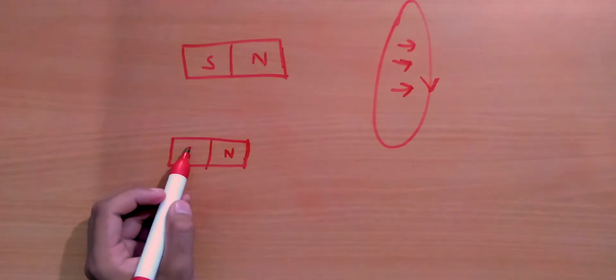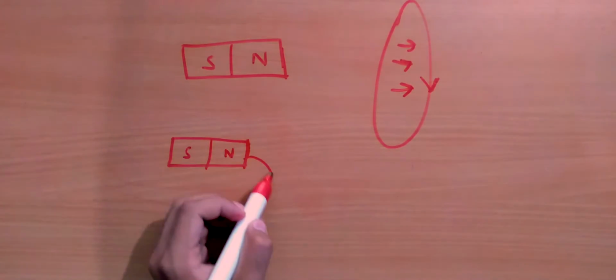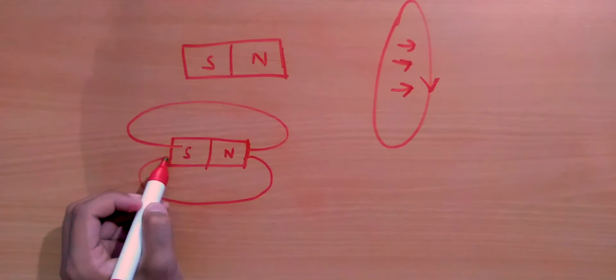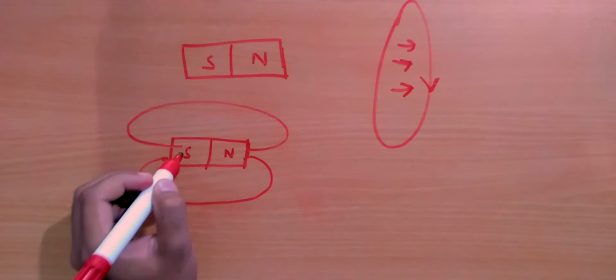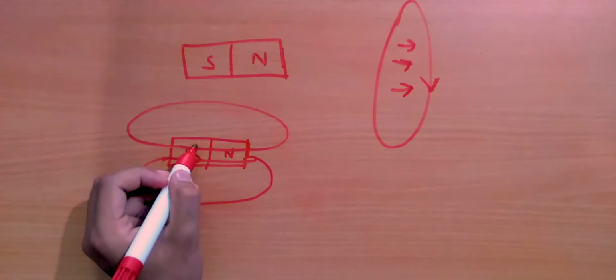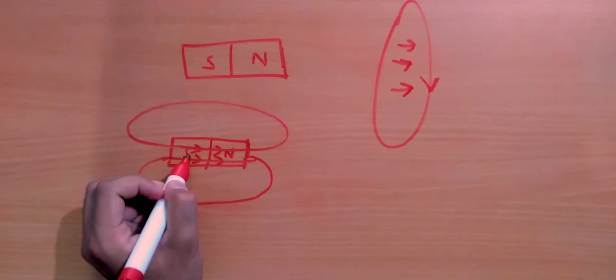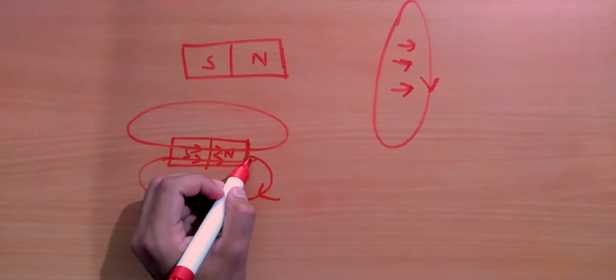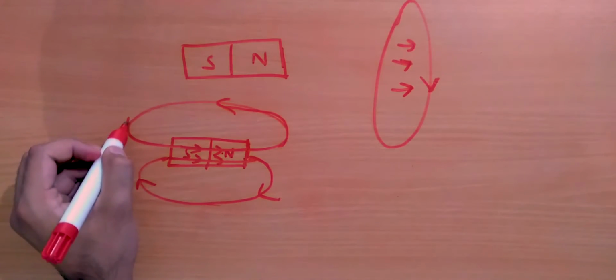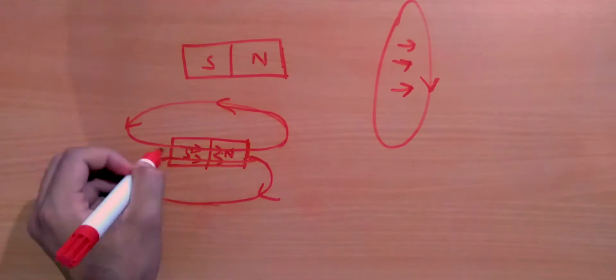The magnetic field lines actually go from north to south, right? But they have to loop back, and so inside the magnet they come back from south to north. So that is the key thing. Inside the magnet they go from south to north, but outside they go from north to south, right? Simple as that. And they loop back, going from south to north inside the magnet.